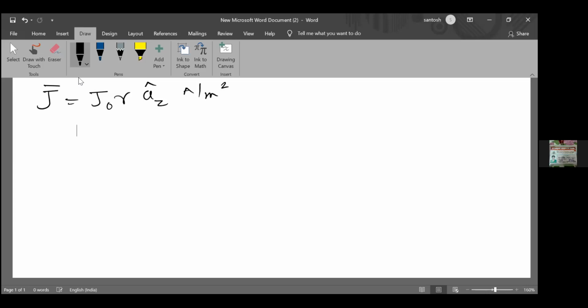There is a cylinder which has this current density J bar, and the radius of the cylinder is A, and it is placed along the z-axis.